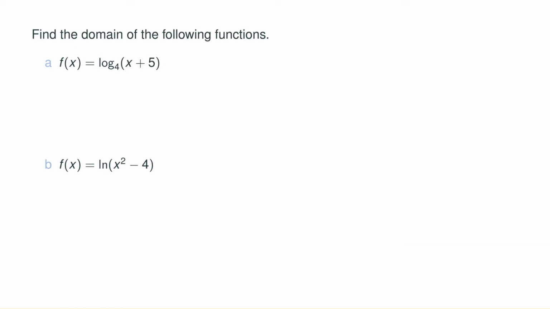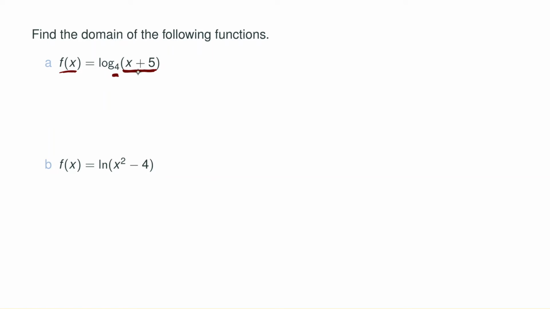Find the domain of the following functions. When we find the domain, we're finding what x values we can or cannot have. Remember, for log, we cannot have negative or 0 inside the log function. It's because this is saying that 4 raised to f of x gives us x plus 5, but any number raised to any power cannot give us a negative. Even if we raise to a negative number, it gives us a positive number, which is 1 over 9 in this case.